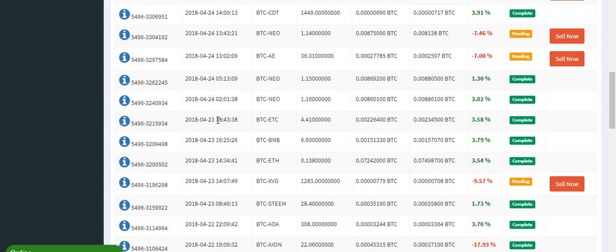So I mean that's amazing, right? So this is the HPSI bot. It works very well. You can trade Steem as well as other coins.